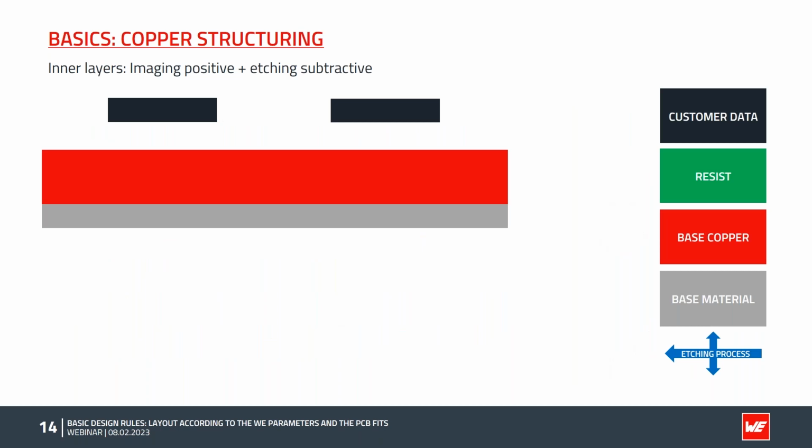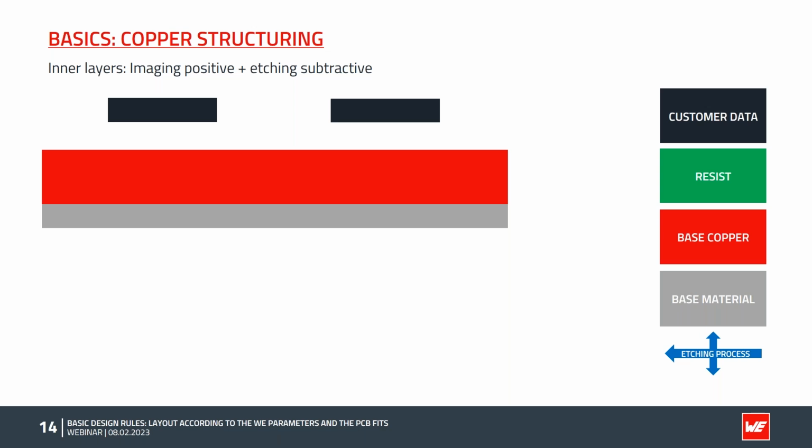So now let's have a deeper look into the basics of copper structuring. Let's have a look at inner layers. For inner layers, there is a so-called positive imaging and a subtractive etching.